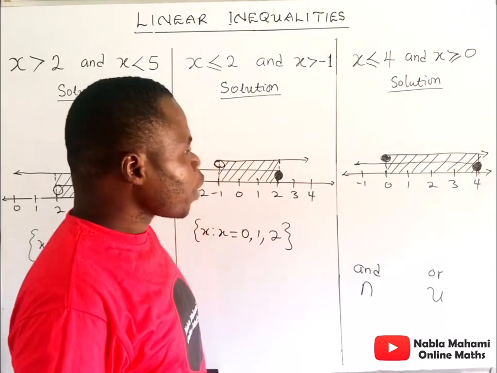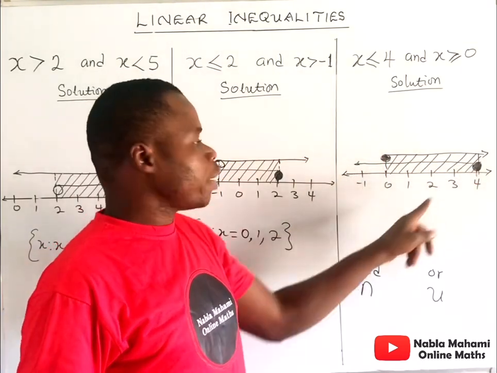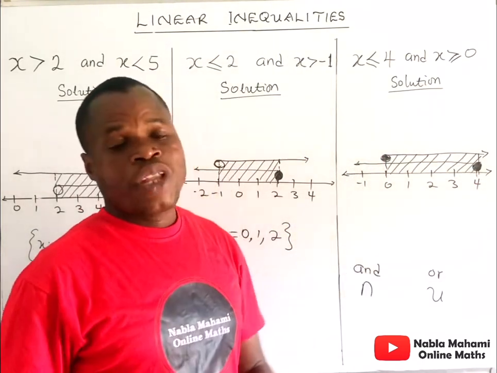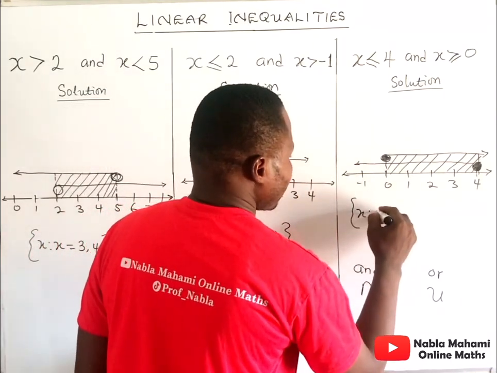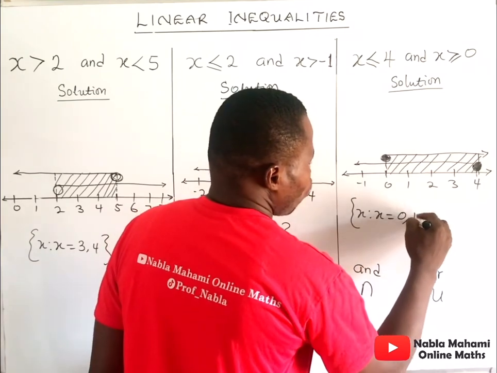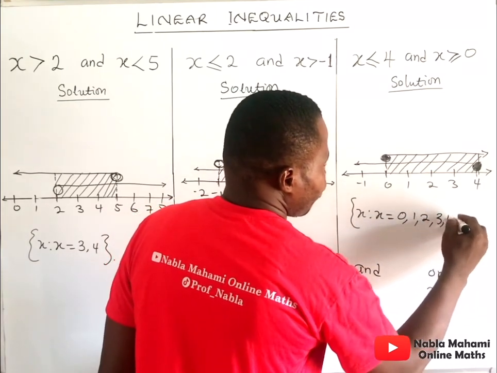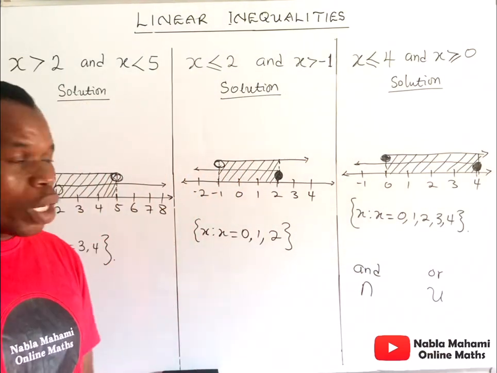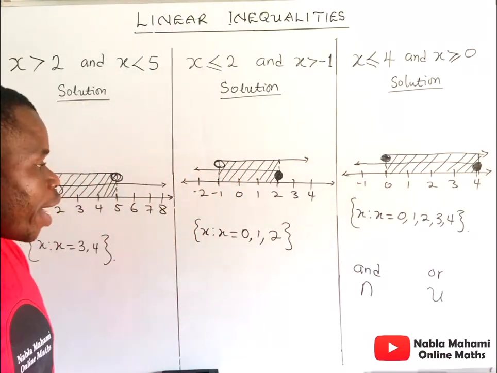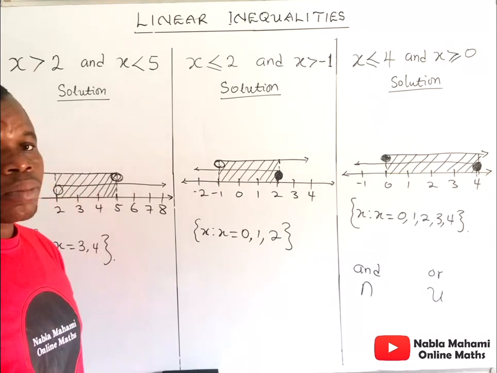And you can see that here this circle is painted, here too it is painted, meaning 0 and 4, all of them are included. So my solution will be x is such that x is equal to 0, 1, 2, 3, 4. So this is how you graph compound inequalities on a number line and find their solutions.